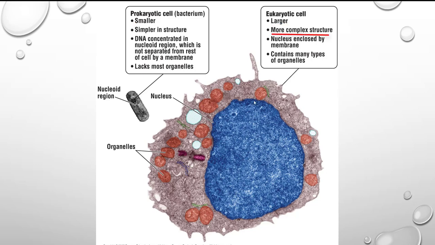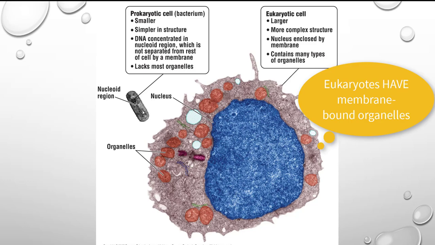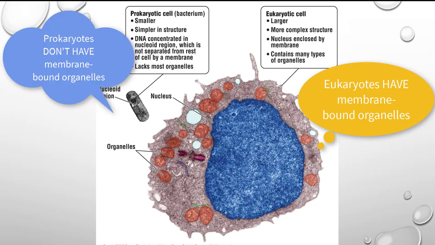There are a number of different membrane-bound organelles inside the eukaryotic cell. Inside the prokaryotic cell, there are no membrane-bound organelles. So for organelles, you say yes for the eukaryotic cell, no for the prokaryotic cell.